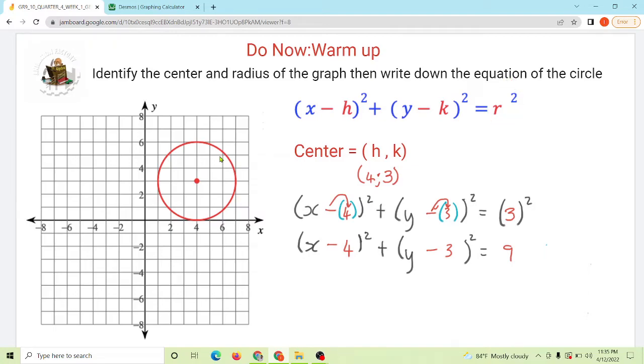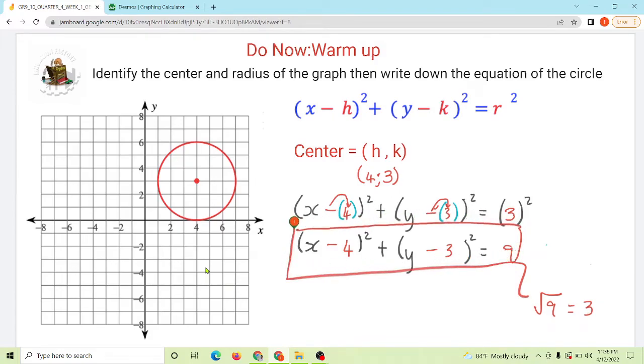And the opposite of squaring, that is just square root. So the square root of 9, well, that just takes us back to 3. But this right here, this would be our final answer.